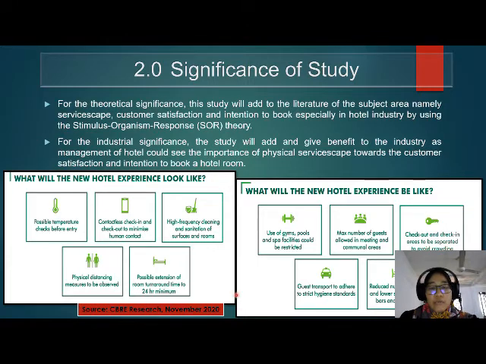And then we also have high frequency cleaning and sanitation of surfaces and rooms. So most of the elements stated in the diagram is actually leading to Servicescape, that is physical Servicescape. So it is very much important for the study to look at physical Servicescape.